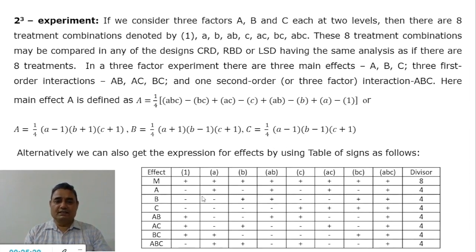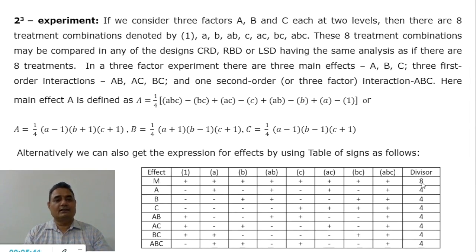So this is a complete table where you can use plus and minus signs with these treatment totals, treatment combinations 1, A, B. If you want to find out the mean of all the treatments, you add all the treatments' grand total and divide it by 8.